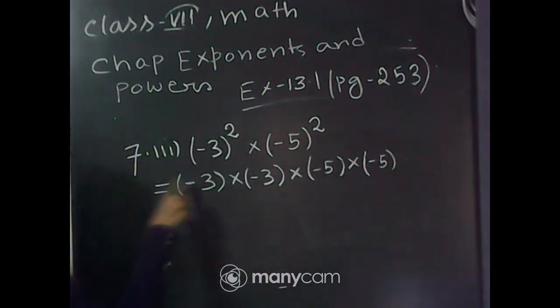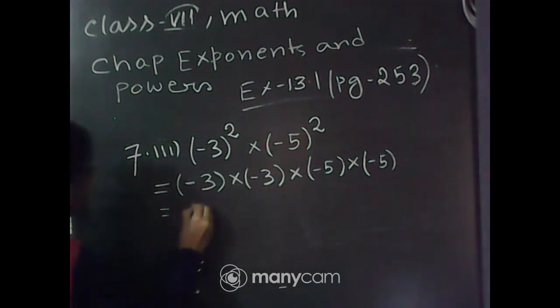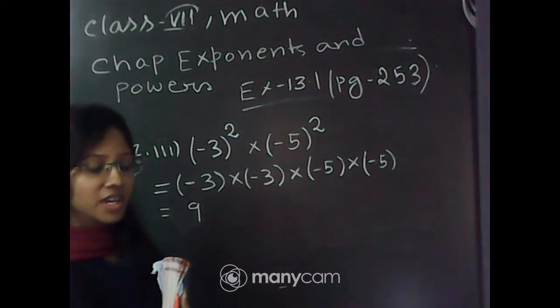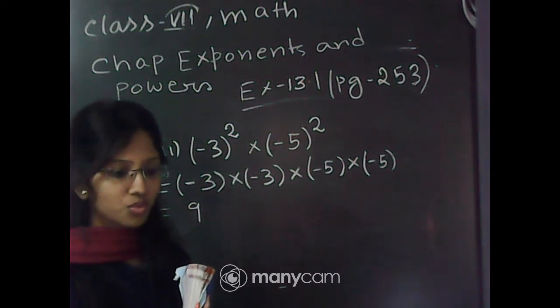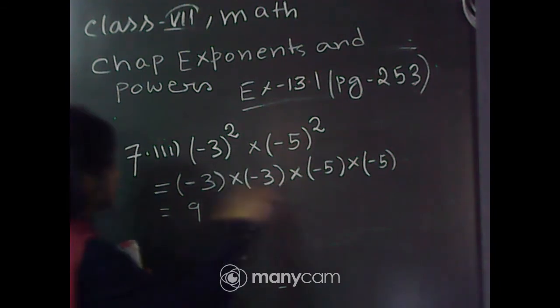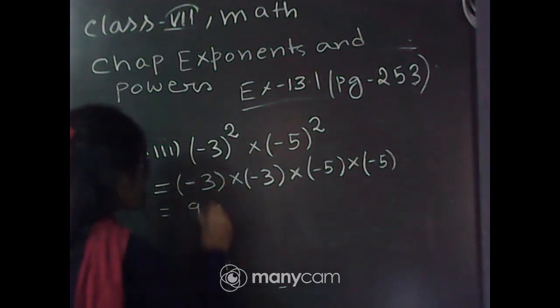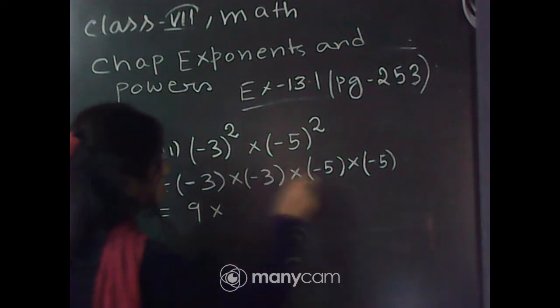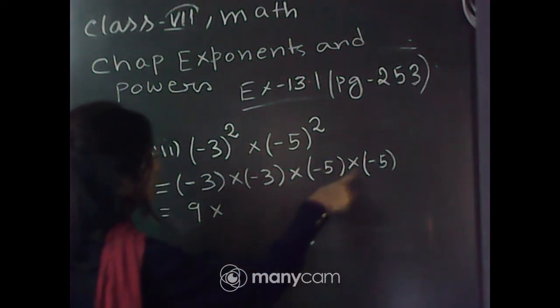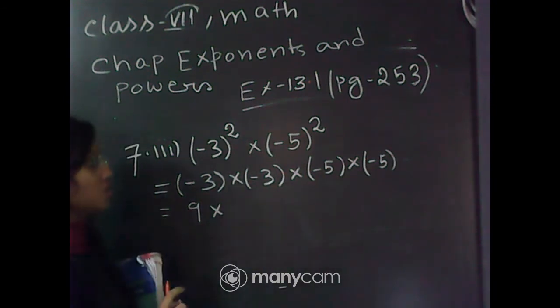Now minus 3 into minus 3 is equal to plus 9. Since minus 1 to the power even number is equal to plus 1, so minus 3 into minus 3 is equal to plus 9 into minus 5 into minus 5 is equal to plus 25.